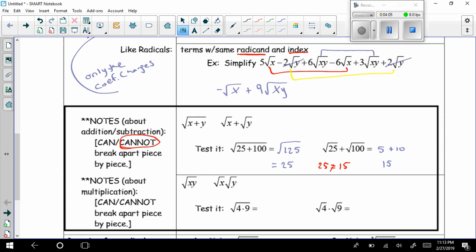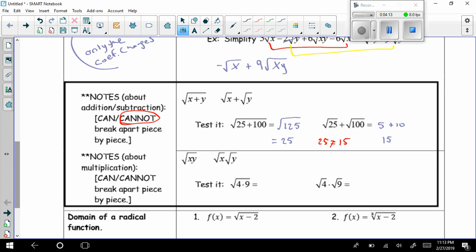So same as with the last unit with our fraction rules, remembering what those rules are with real numbers and then applying those to variables. So here we have square root of xy, square root of x, square root of y. We talked about this last time. This is your product rule. This is square root of 36, which is 6.